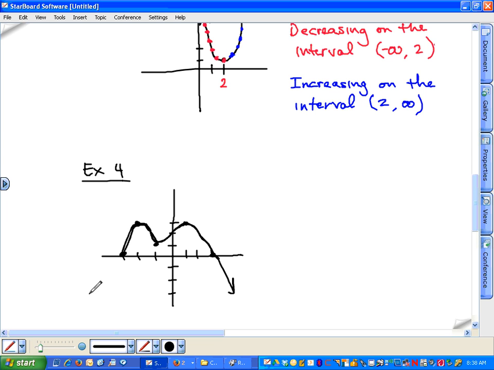More likely than not, you're going to have a function with multiple intervals of either increasing or decreasing.